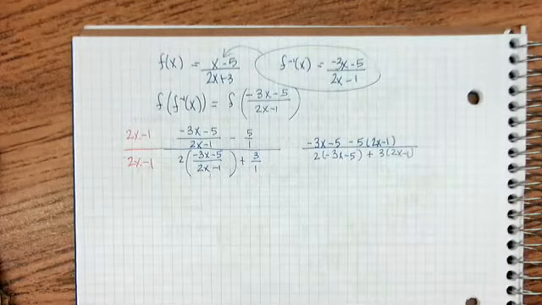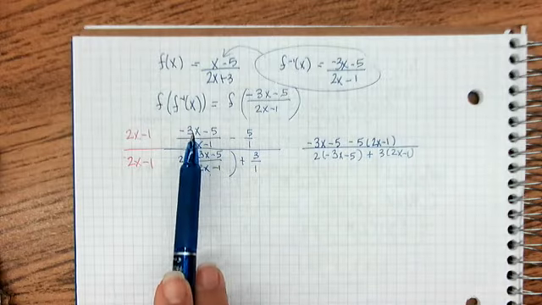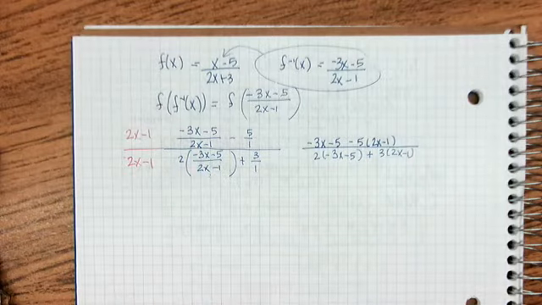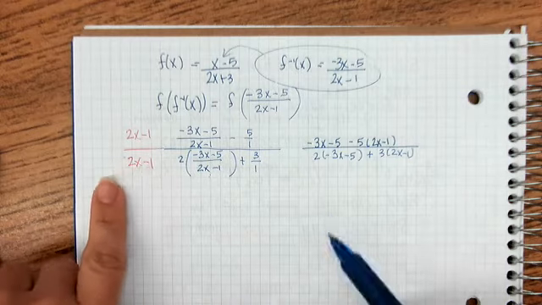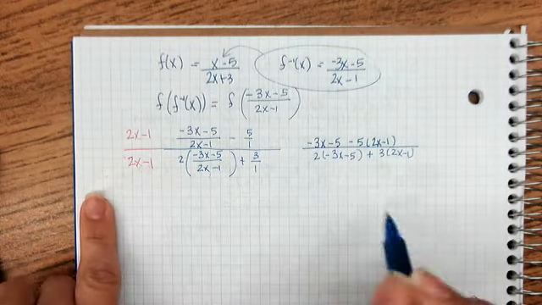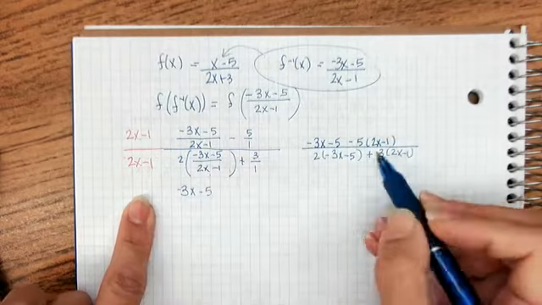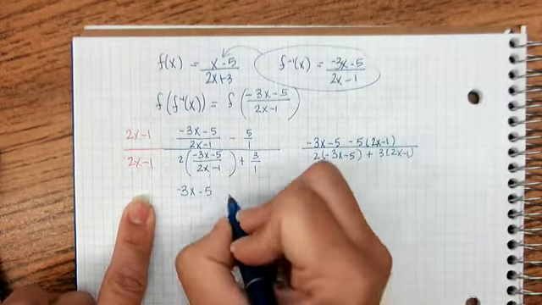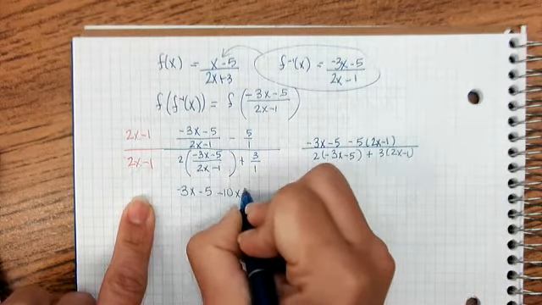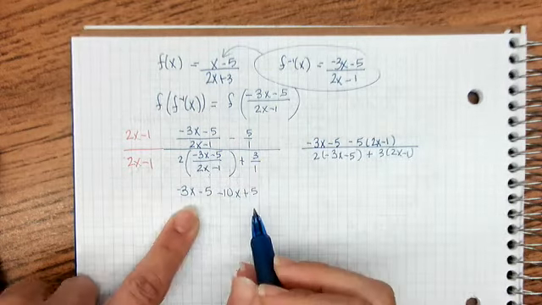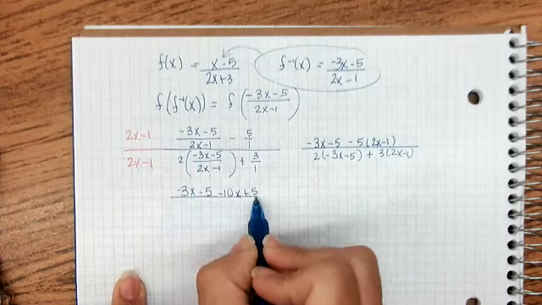Do not skip too many steps. You cannot skip from here to the very next step without showing something in between. So this becomes negative 3x minus 5. I, of course, am going to show every single step. Distribute, you get minus 10x plus 5. I like this, negative 5 plus 5. That makes me feel good.